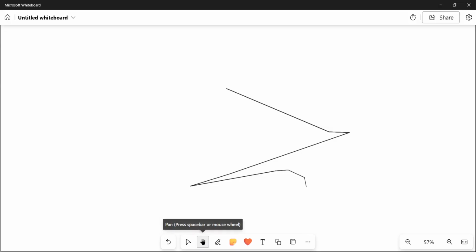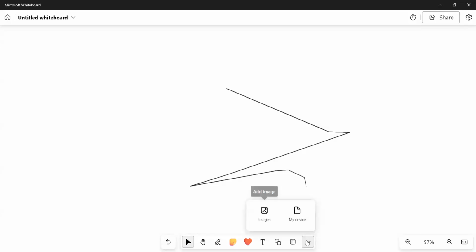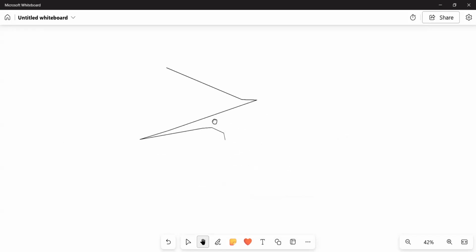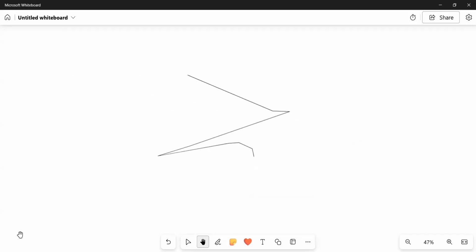I've been using this thing so many years and I don't know what they did to it. Let me change this thing.